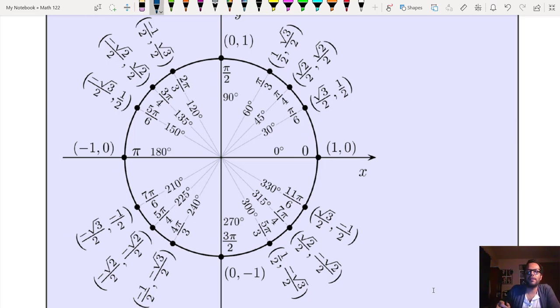I'll show you why. First of all, let's look at what the unit circle is. Here we have a circle whose radius is 1. That means the radius right here is also 1, and right here is also 1. From the center to every single point on the circle, the distance is 1.